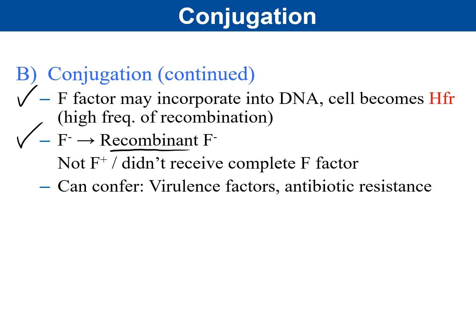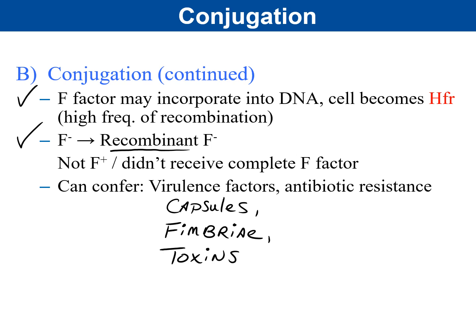And so we see a variety of virulence factors, which might include, just like earlier when I mentioned in transformation, things like capsule production, fimbriae, toxins, or maybe antibiotic resistance. There's no limit to what these cells could receive.